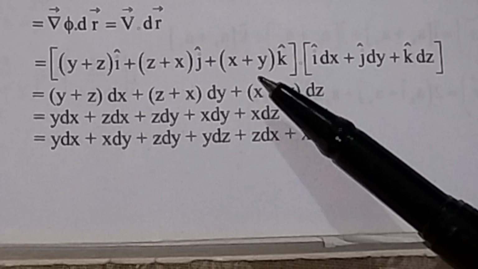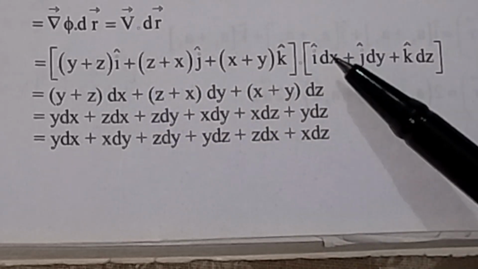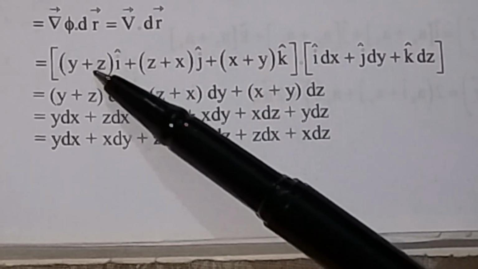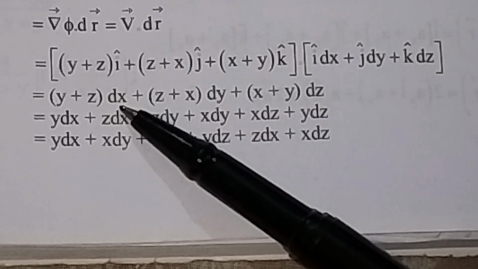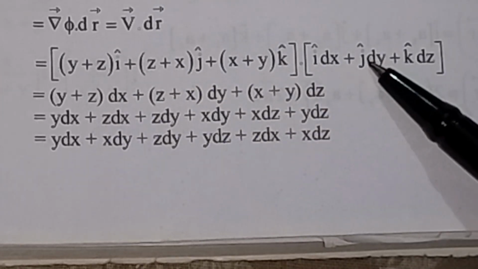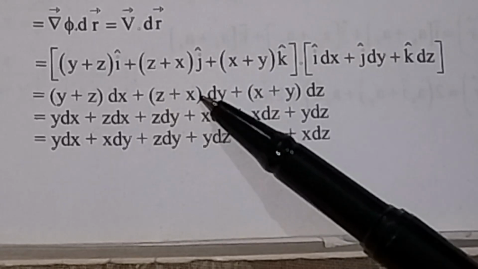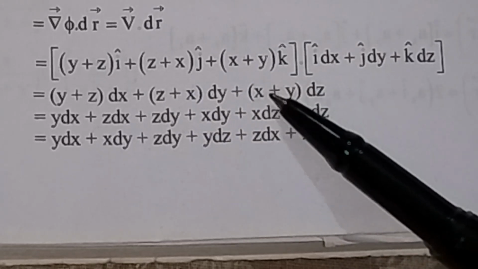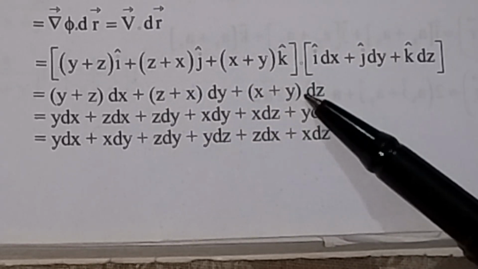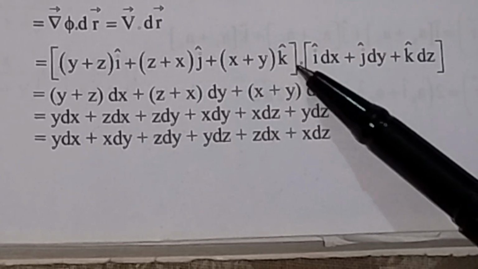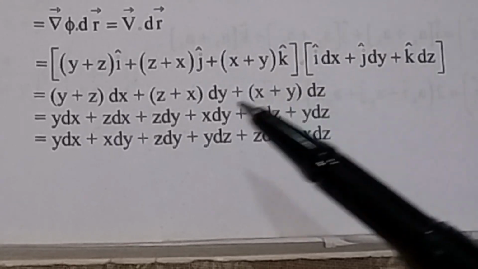So if you find the dot product, i cap dot i cap is equal to 1, so this term will be equal to (y plus z) dx. Similarly, j cap dot j cap will be equal to 1, so this term will be equal to (z plus x) dy, and the third term will be equal to (x plus y) dz, because k cap dot k cap will be equal to 1.